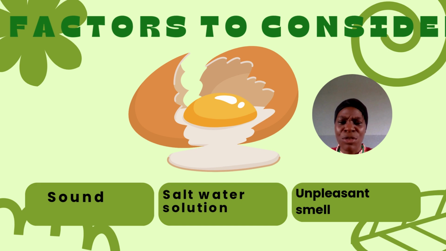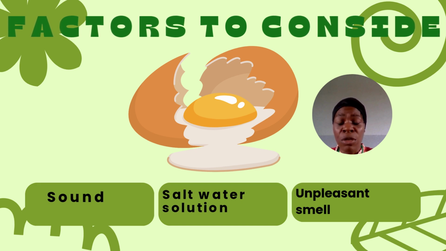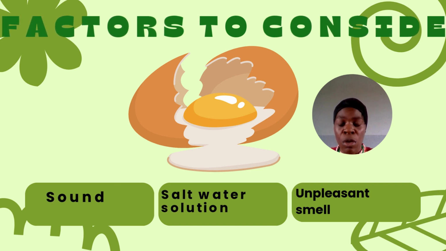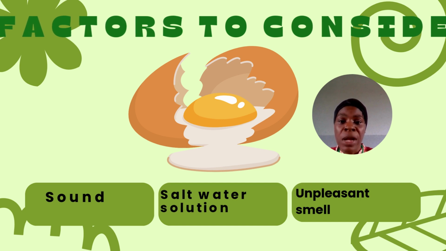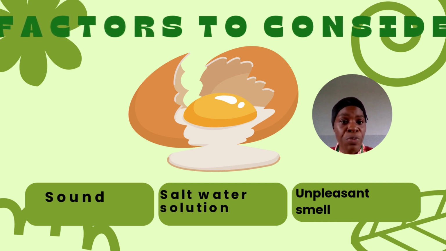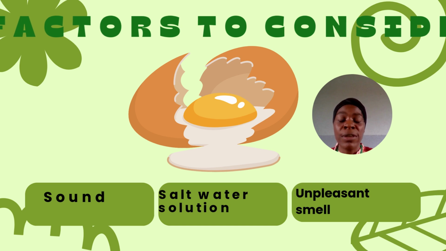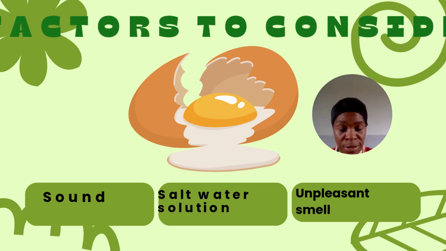Then another factor you need to consider is what we call salt water solution. It is a test you need to do on your egg to be sure that the egg is good. So you get salt water. How do you get your salt water? I hope you know how to prepare your salt water. Very simple. Just get a cup, add water to your cup, and add salt to it.